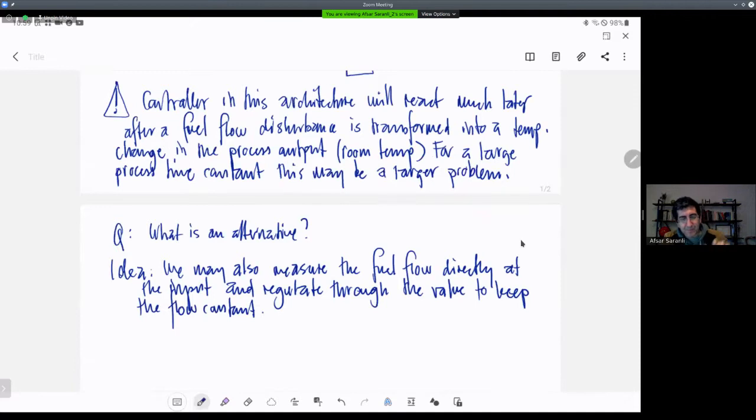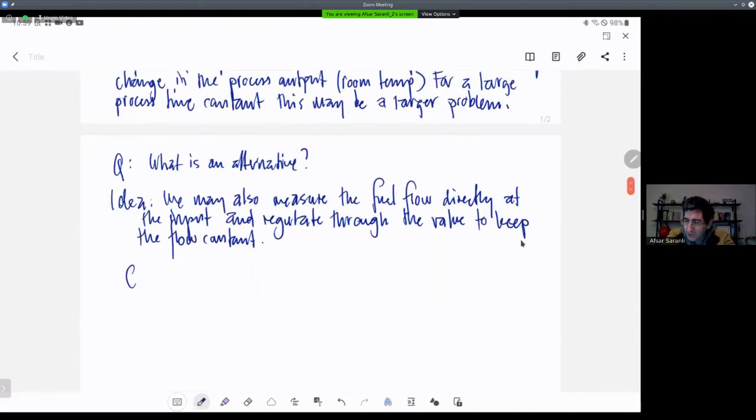Now, this idea is called cascade control. Cascade control.